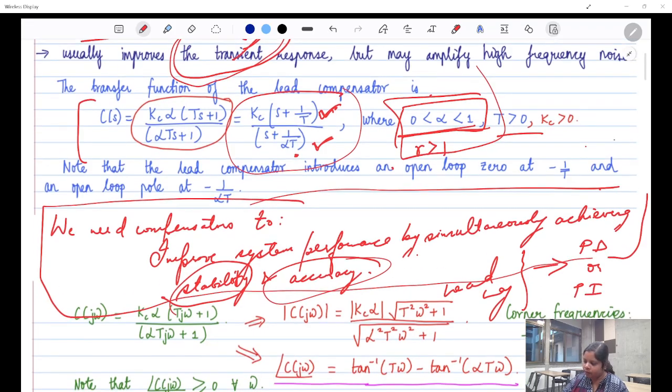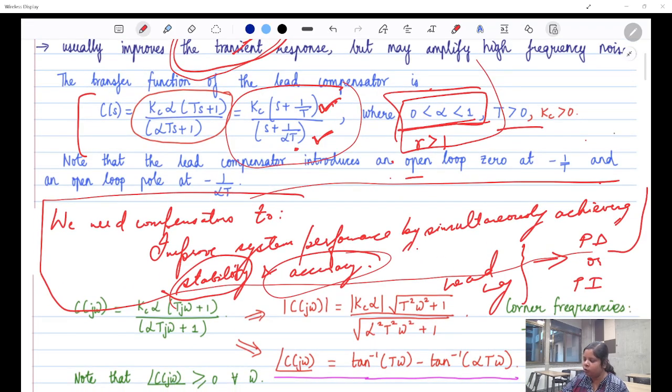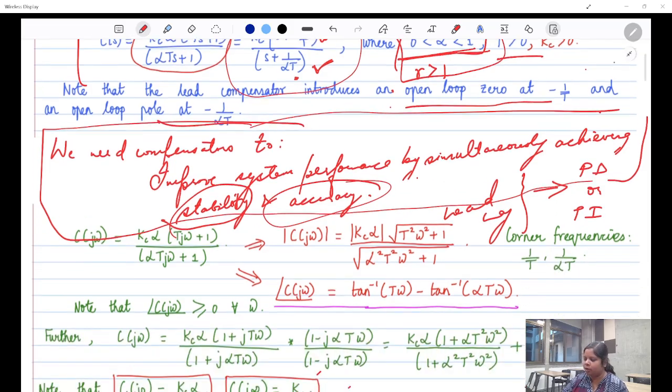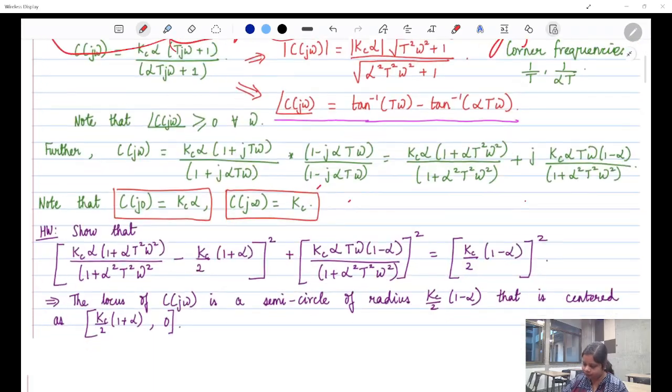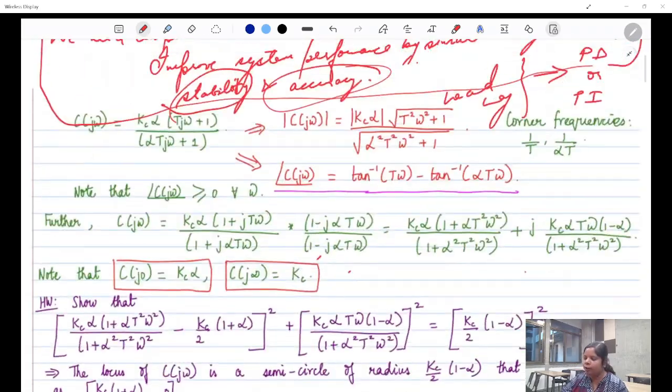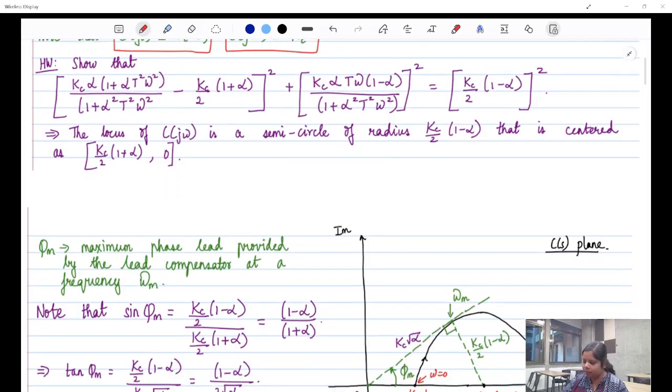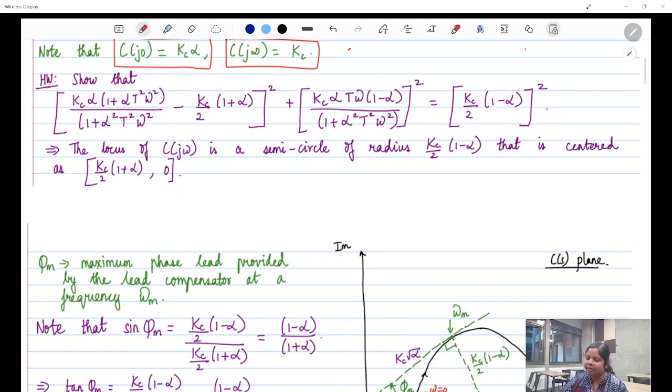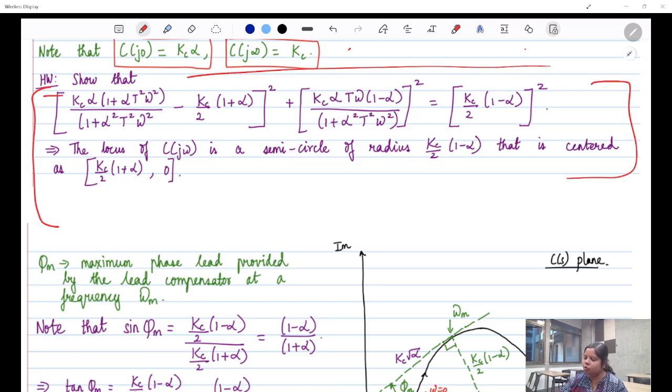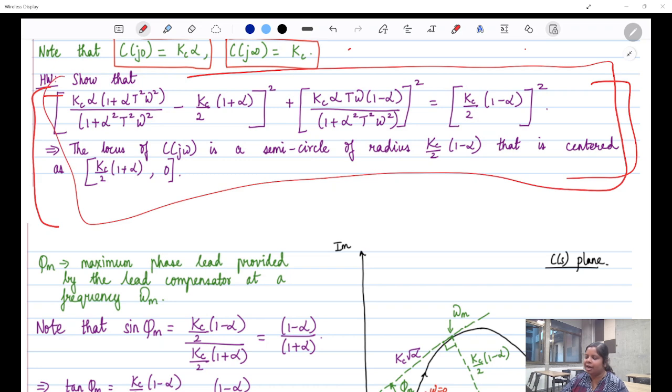And what does it do? It has an open loop zero at minus 1 by T and an open loop pole at minus 1 upon alpha T, right? I'm not going into all the derivations that were covered, but when you want to design a lead compensator and you draw the Nyquist plot, you'll find this to be holding true. The Nyquist plot would be a semicircle of this radius that is centered at this point.